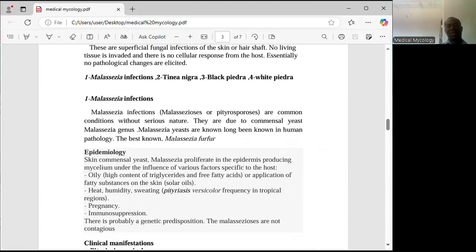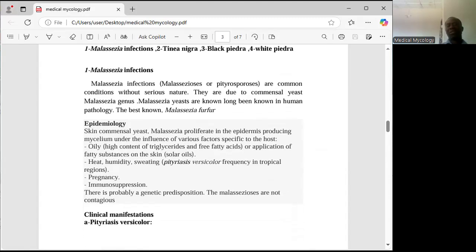Now, let's look at the epidemiology of Malassezia infection. Let's talk about the skin commensal yeast. Malassezia will proliferate in the epidermis, producing mycelium under the influence of various factors specific to the host. One factor is an oily skin, with a high content of triglycerides and free fatty acids, or the application of fatty substances on the skin, like solar oil.